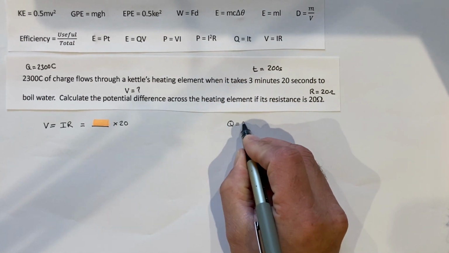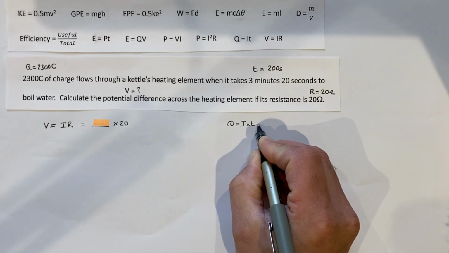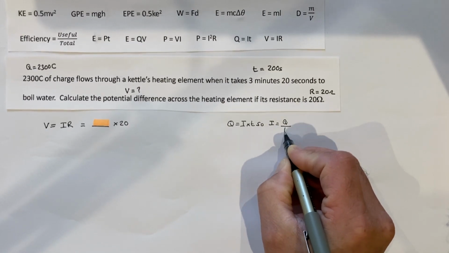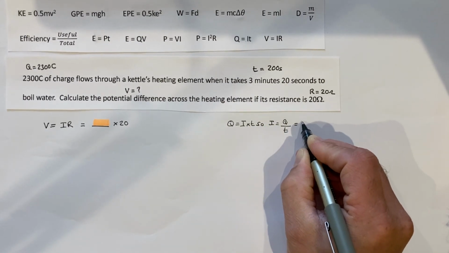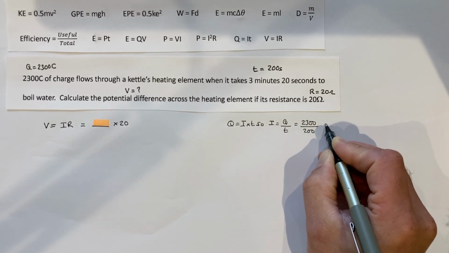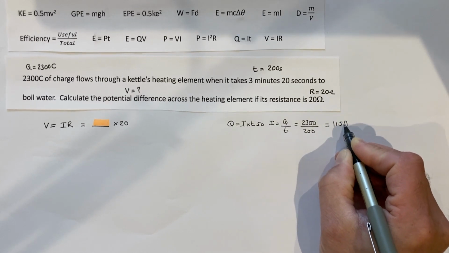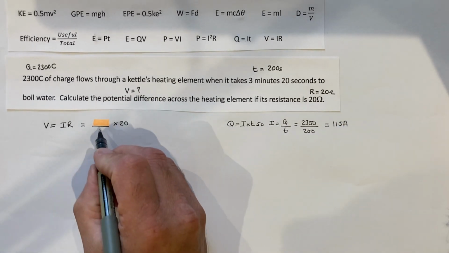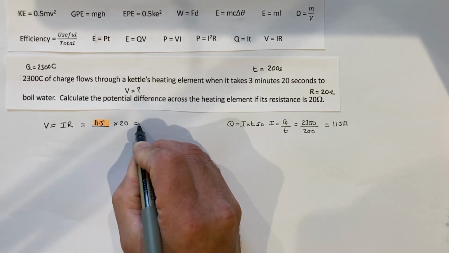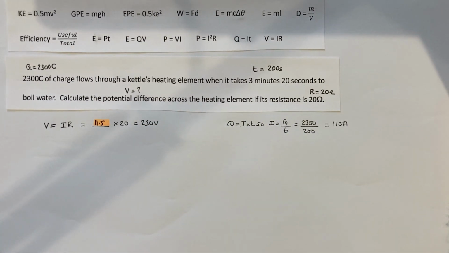So Q equals I times T, so I is equal to Q divided by T, which is equal to 2,300 divided by 200, which gives us 11.5 amps. I can now put that back into the equation here, and 11.5 times 20 gives me 230 volts, and that's an easy 4 to 5 marks.